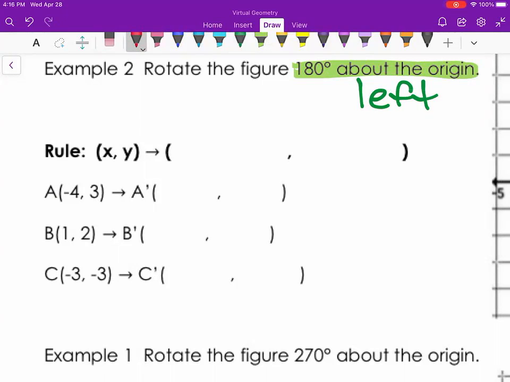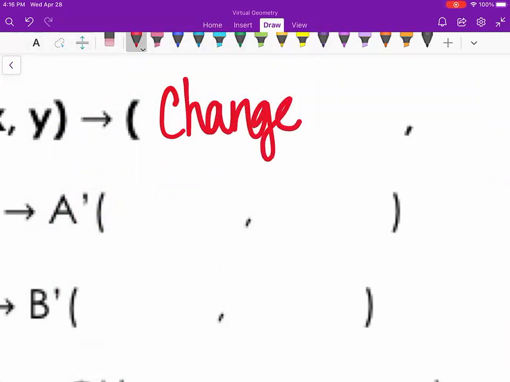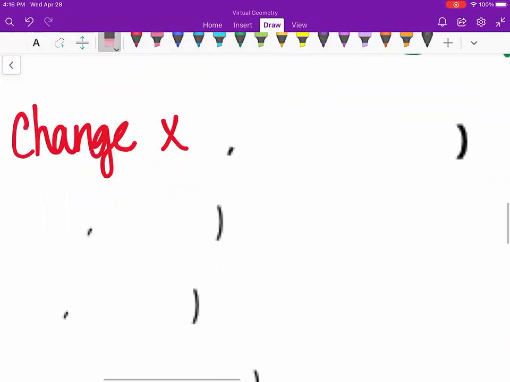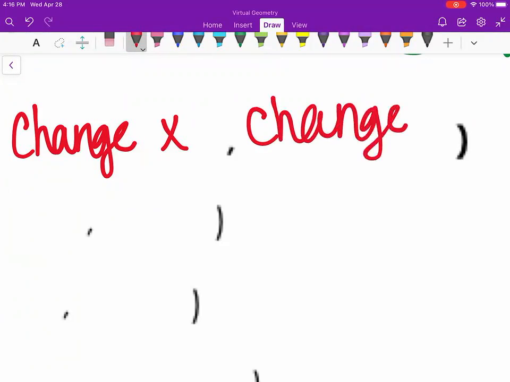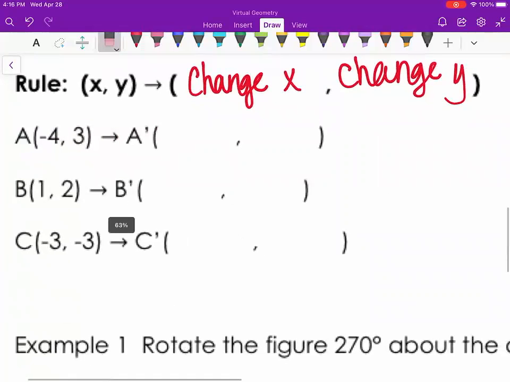If I'm rotating 180 degrees, we're going to change the sign of the original X, but leave it first. Change the sign of the original Y, but leave it last. So just a sign change. So let's see what happens to our set of points here.